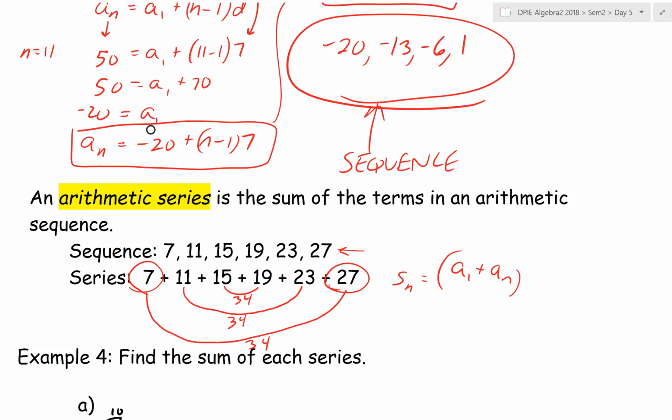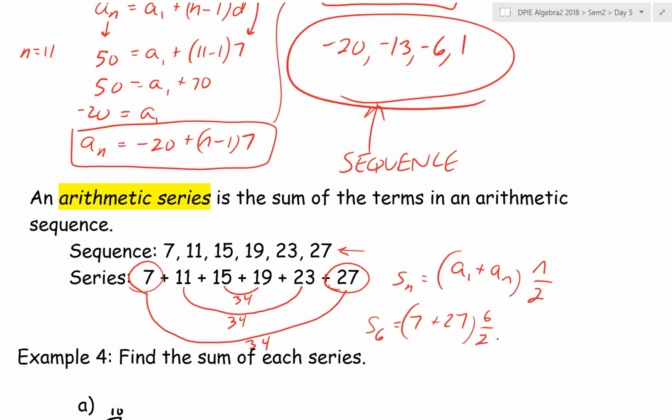So that's the number of terms, which is n, divided by 2. So in this case, we have 1, 2, 3, 4, 5, 6 terms. The sum of the first 6 terms is the first term plus the last term times the number of terms, which is 6 over 2.